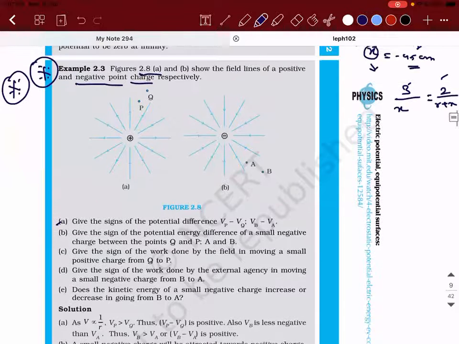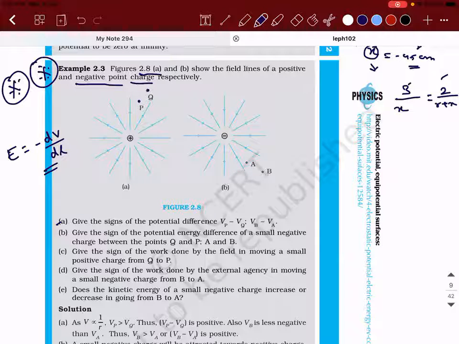Okay. So how to start? If I see points P and Q, I know this relation: E is equal to minus dV divided by dl. Now, when I take this into consideration, listen.